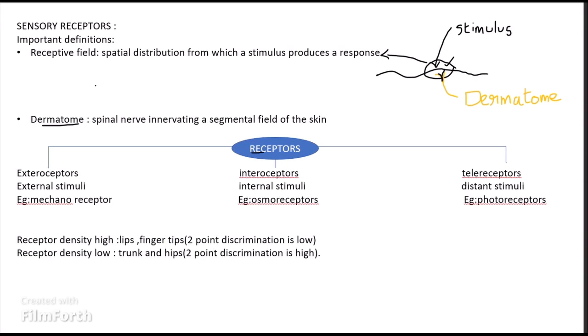Then coming to receptors, types of receptors based on the stimulus they receive. These can be exteroceptors, which receive external stimuli. Examples are mechanoreceptors. Interoceptors are receptors which receive the internal stimuli, that is the osmoreceptors. Osmoreceptors detect the osmolality in the body.